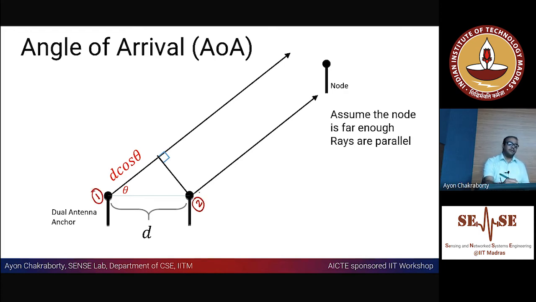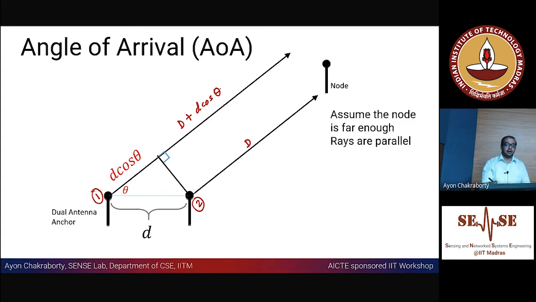The ray of 1 has traveled an extra distance of d cos theta compared to antenna number 2. Okay, so if this was D, this entire distance is basically D plus d cos theta, where d is the separation between the antennas. The antennas themselves are separated by a distance of small d.